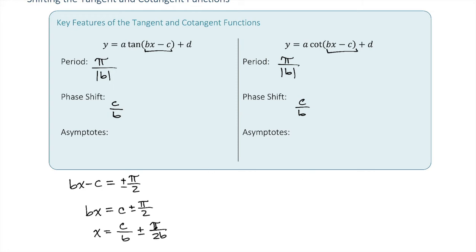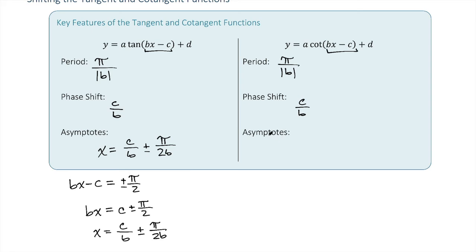So you can see that this is obtained by our c over b, the phase shift, and then we just add or subtract half of the period. Okay, so those are our asymptotes: x equals the phase shift plus or minus half of our period.